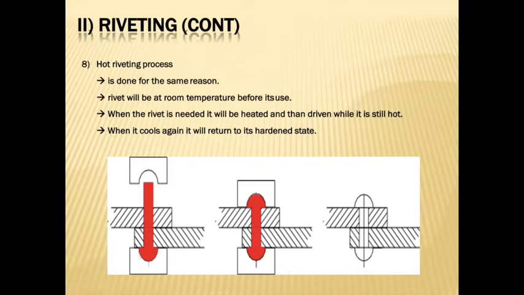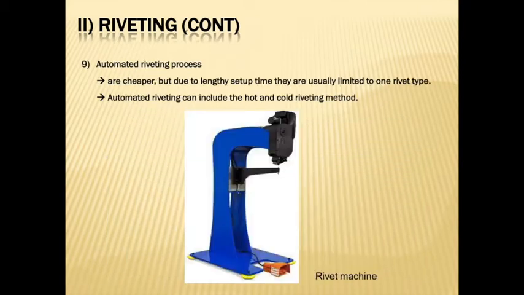This is where we are applying the riveting process: the cold riveting process and also the hot riveting process. The next one is the automated riveting process. It is cheaper, but due to lengthy setup time, they are usually limited to only one rivet type. Automated riveting can include the hot and cold riveting methods together.